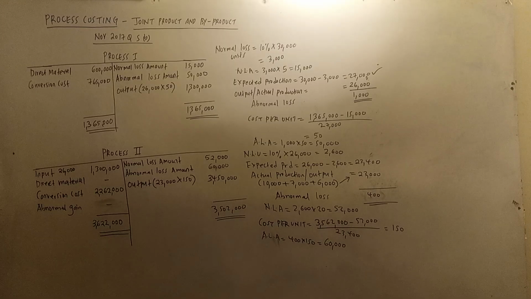So let us confirm now. 52,000, so it will be 1,300 plus 22,62,000. That is 32,62,000. So not 32, 35.